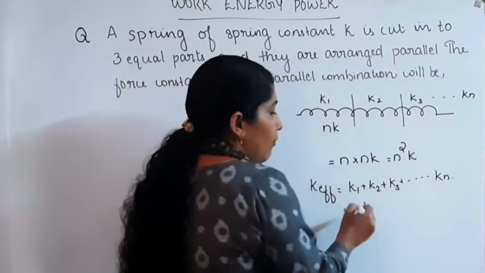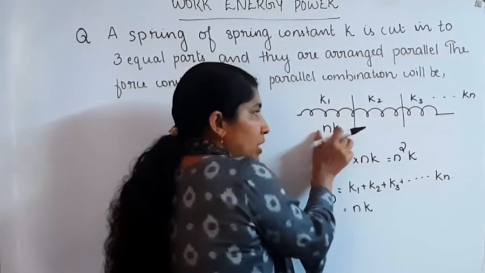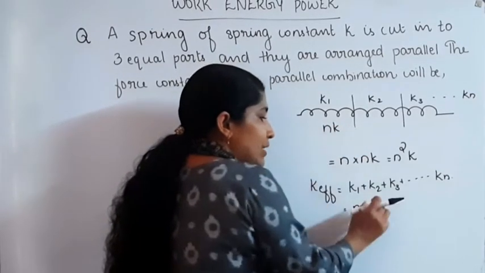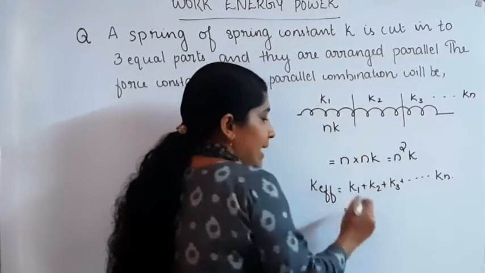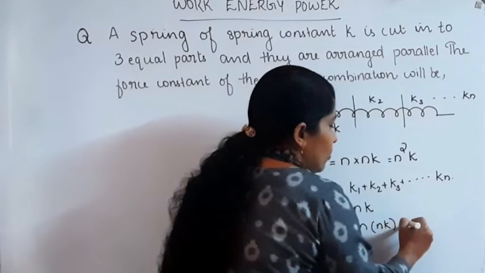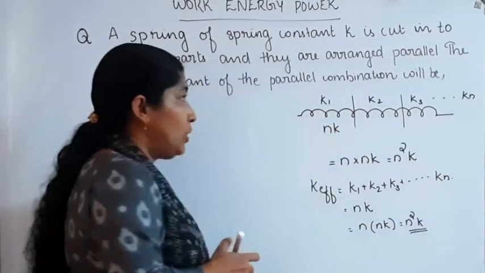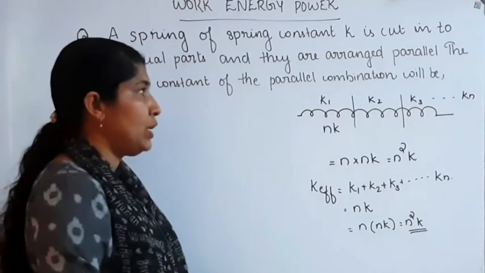Here the spring constant of each part is equal to nk. So instead of k we write nk, then n into nk is equal to n square into k.